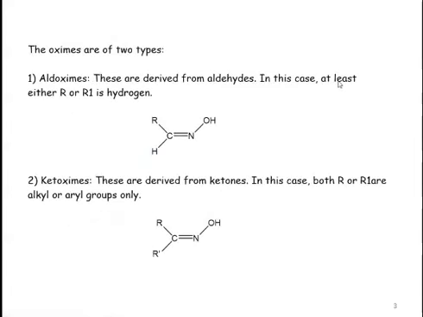How do we differentiate them? Can we differentiate them as cis-trans or EZ? Here we do not have two sides, isn't it? The way in case of carbon we used to observe. In case of oximes, as I told you in the earlier slide, oximes can be of two types, that is aldoxime and ketoxime.